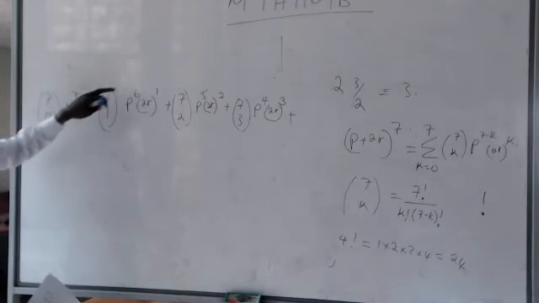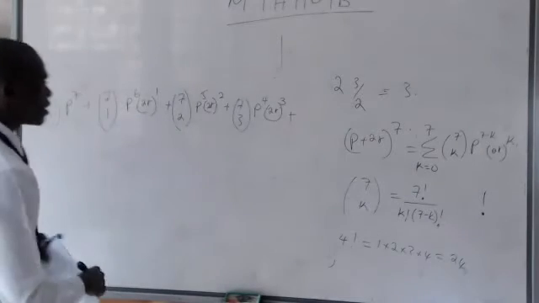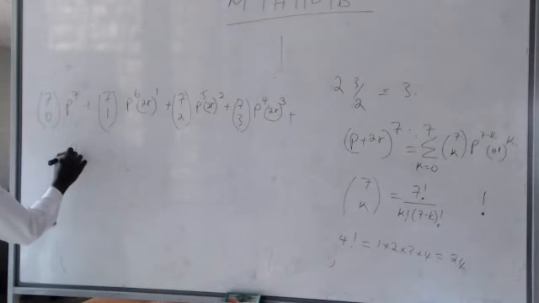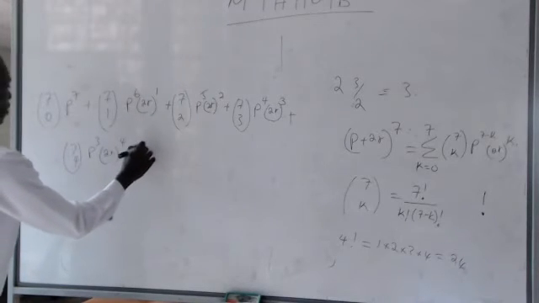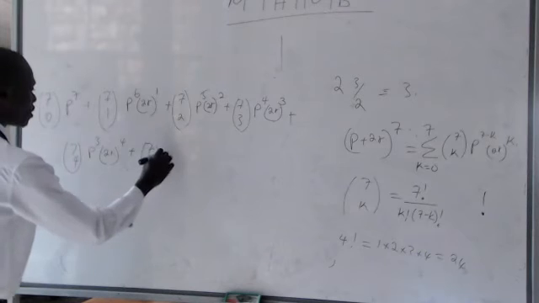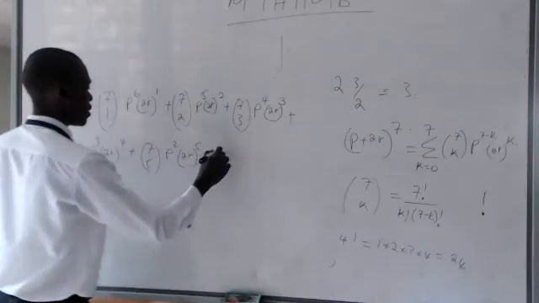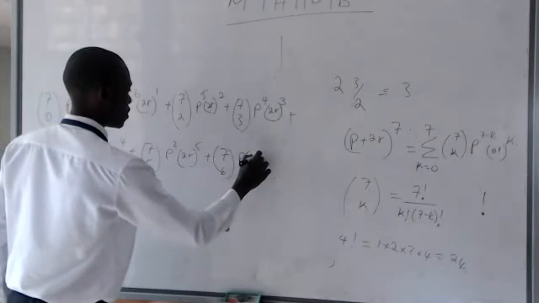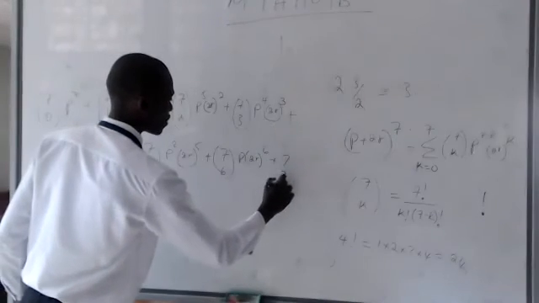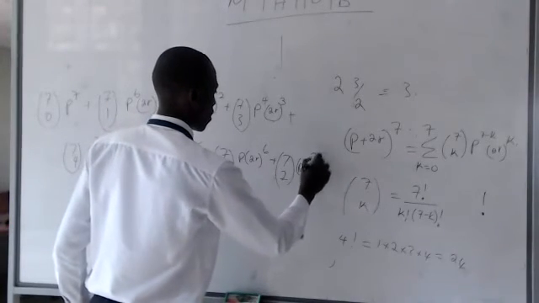The sum of the exponents is 7: 6 plus 1 is 7, 5 plus 2 is 7, 4 plus 3 is 7. So next we have 7 combination 4 with p to the 3, 2r to the 4, plus 7 combination 5 with p squared, 2r to the 5, 7 combination 6 with p, 2r to the power 6, and lastly 7 combination 7 with 2r to the power 7.